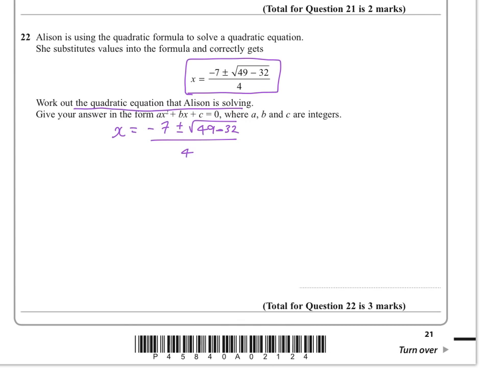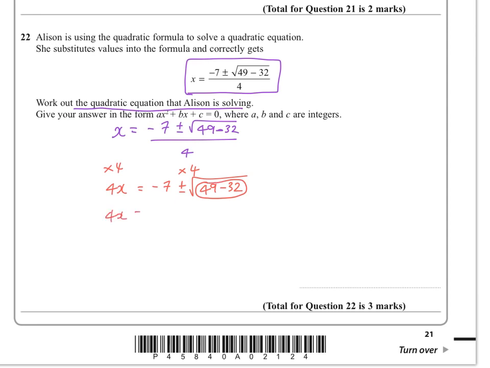So let's times both sides first of all by 4 to get rid of this denominator here. So that would give us 4x equals -7 plus or minus the square root of 49 minus 32. I think for starters we can definitely sort this part out.